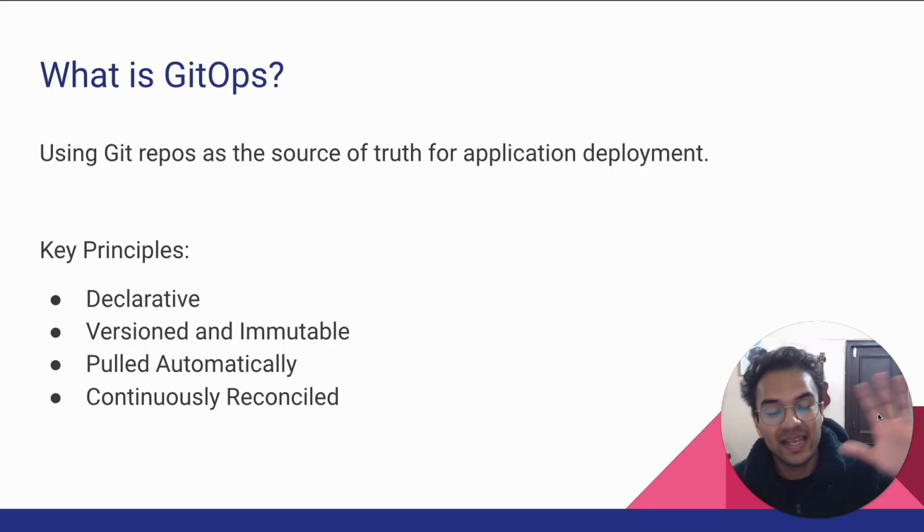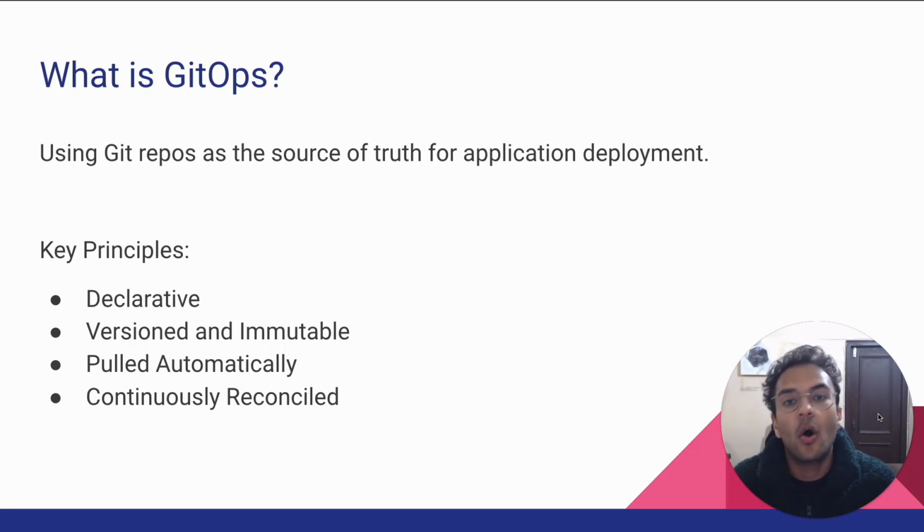It will reconcile the differences between the source of truth which we have defined in a Git repo and what is actually being deployed on the cluster or wherever you are doing your deployments. Using these four principles, a GitOps system manages to use a Git repo as a source of truth and enable continuous deployment very easily.